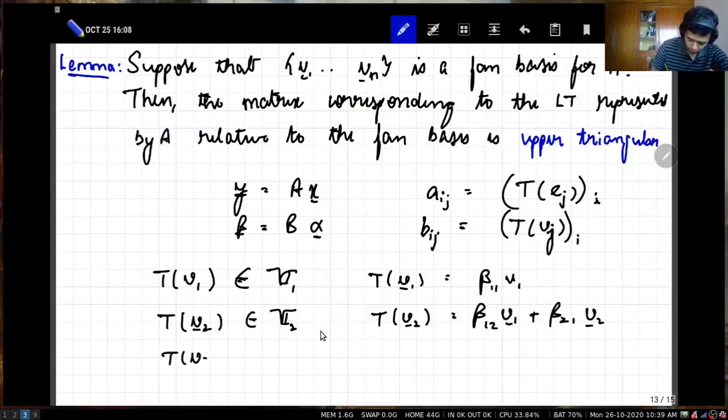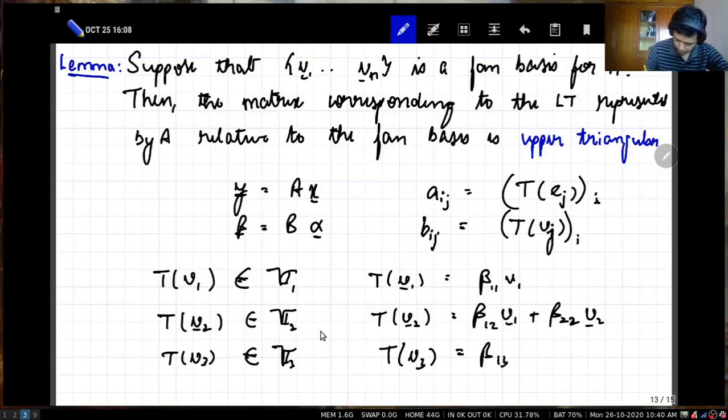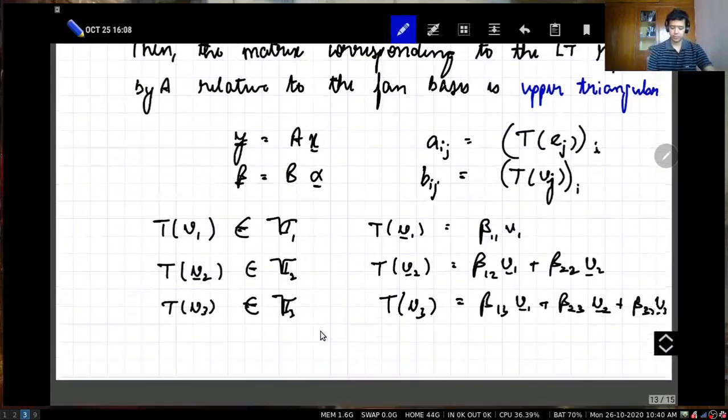Similarly, T of v3 is in script V3. So T of v3 is say beta 1 3 v1 plus beta 2 3 v2 plus beta 3 3 v3, right?